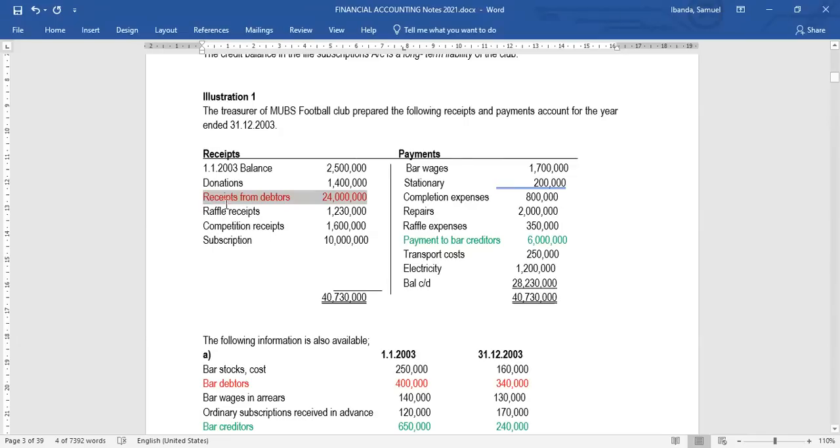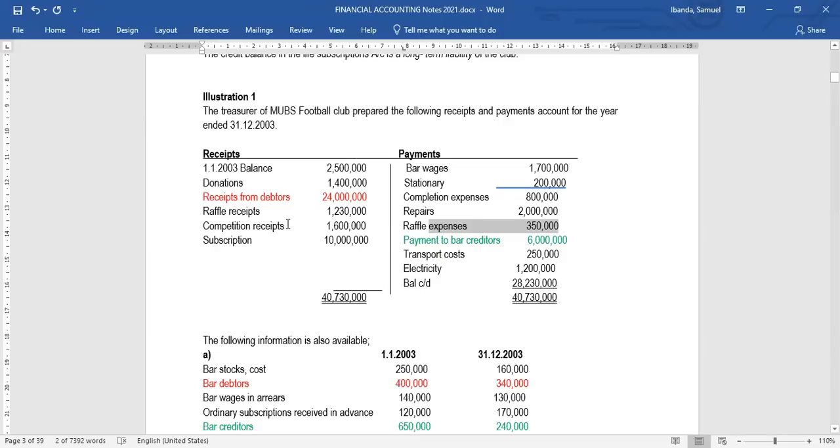Raffle receipts, I have 1,230. Since I have raffle expenses, I have to first get the difference between the 1,230 and the 350, to be able to get the net income coming from the raffle receipts.